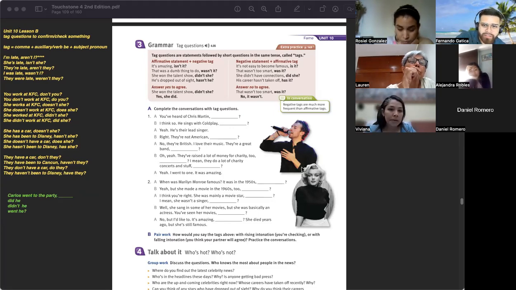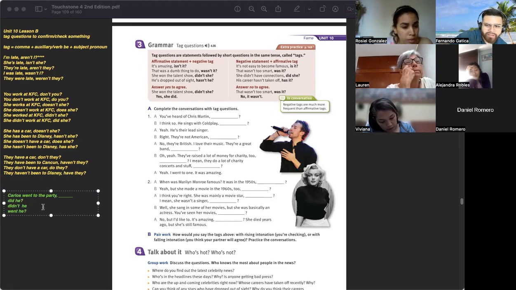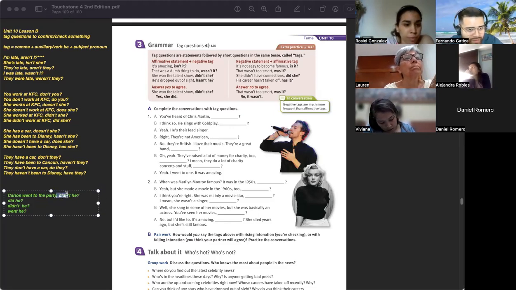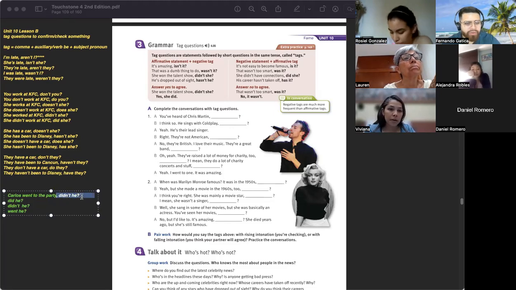And what would be the correct answer? B, right? Didn't he? Yes, the comma, the auxiliary, and then the subject pronoun.